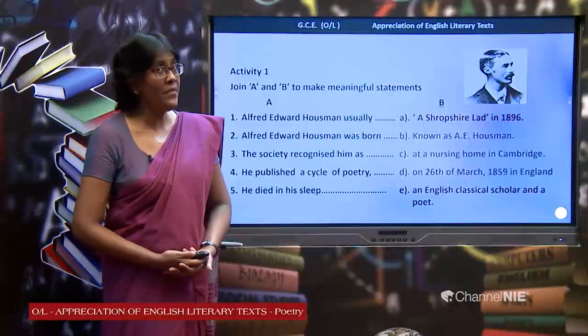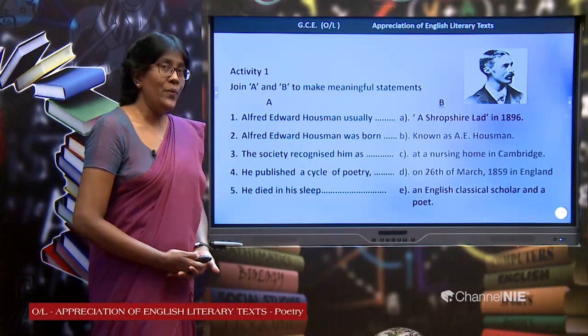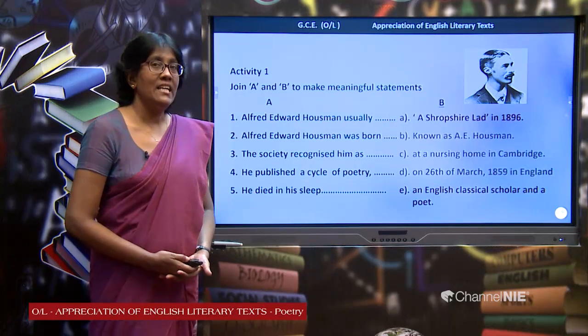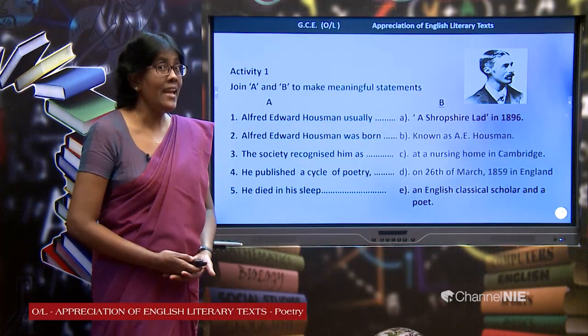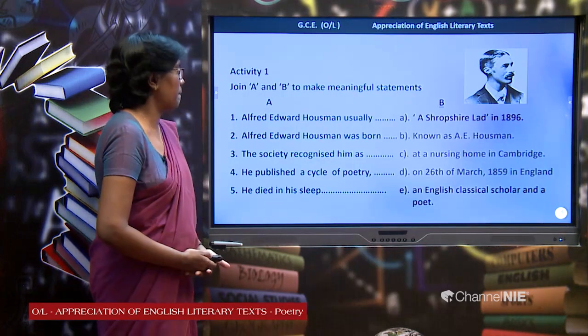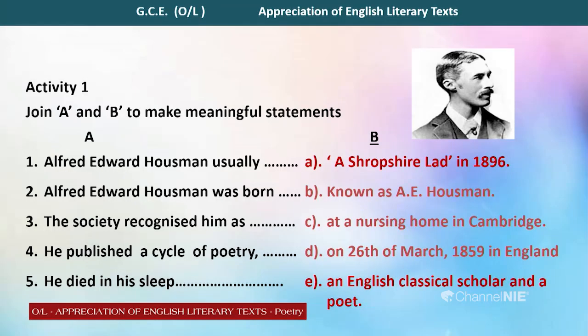Well, I have an activity for you. Therefore, I need you to pay attention to the screen. You can join A and B to make meaningful sentences. If you look at A, Alfred Edward Housman, usually blank. Alfred Edward Housman was born, there's a blank.